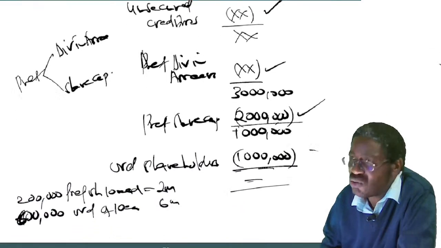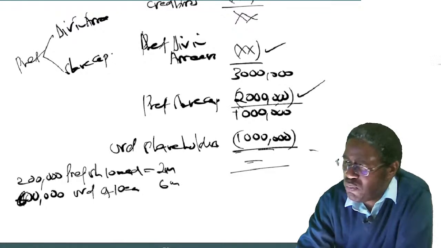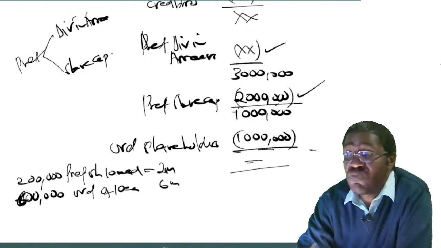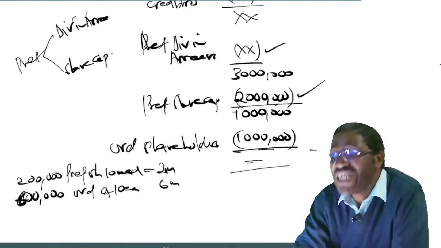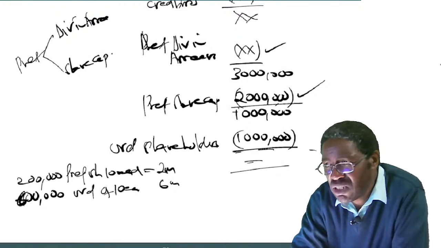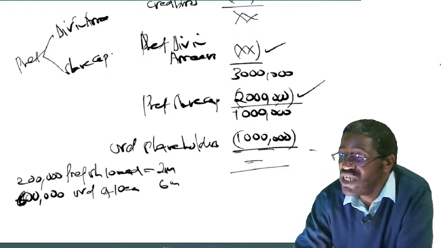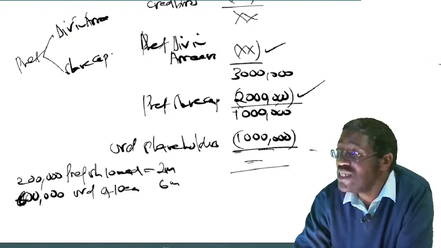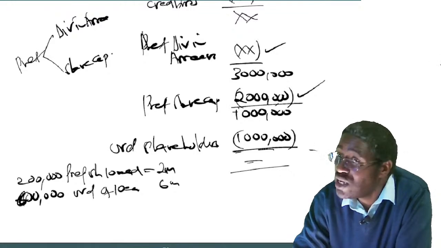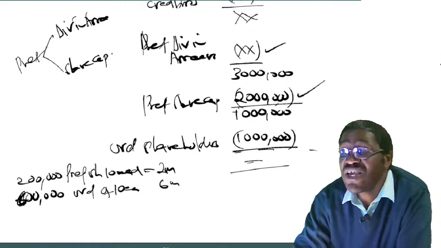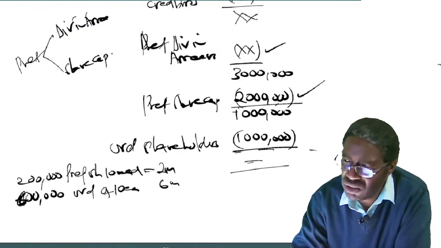So we realize from this illustration, I'm not saying always, that the only people who will suffer in case the company is liquidated are the ordinary shareholders. They can only get a maximum of 1 million, but we owe them 6 million. So if they go to court, they will still lose the 5 million.